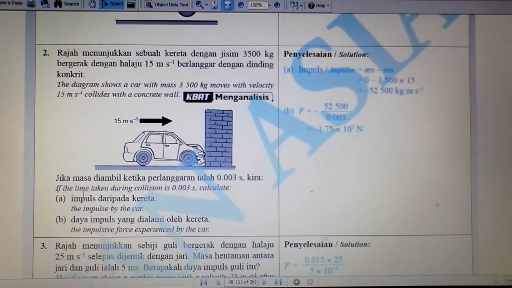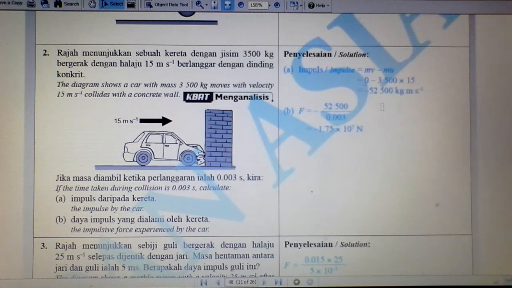Okay. Now we want to calculate part A, the impulse by the car. If the time taken during collision is 0.003 seconds, calculate the impulse by the car. Impulse by the car means impulse on the wall. We calculate impulse equals mv minus mu, for the car. The mass of the car is 3,500, but v equals 0, that's why the value here is 0, minus 3,500 times the initial velocity, which we take as positive, so we get 15.